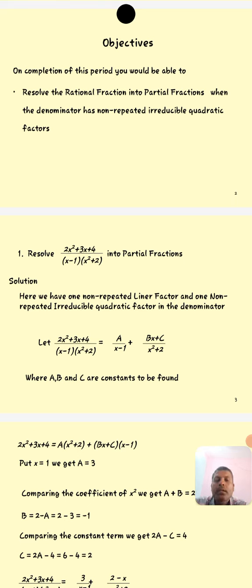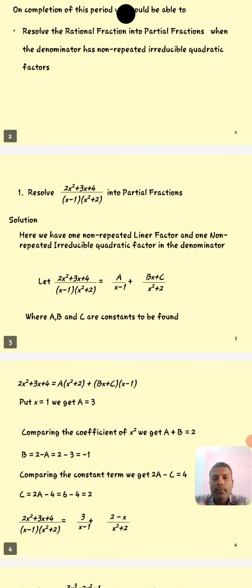Let 2x square plus 3x plus 4 divided by x minus 1 into x square plus 2 be equal to the following. In the denominator, x minus 1 is a non-repeated linear factor, so we write A by x minus 1. Plus the next factor is the quadratic factor, x square plus 2, which is an irreducible quadratic factor.